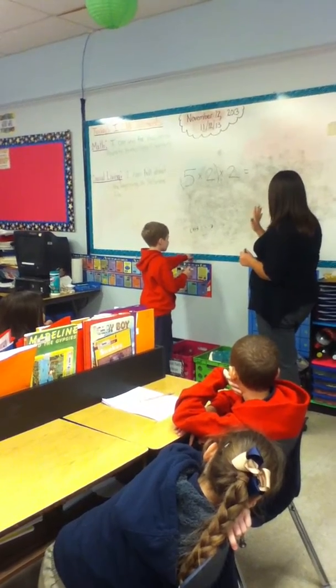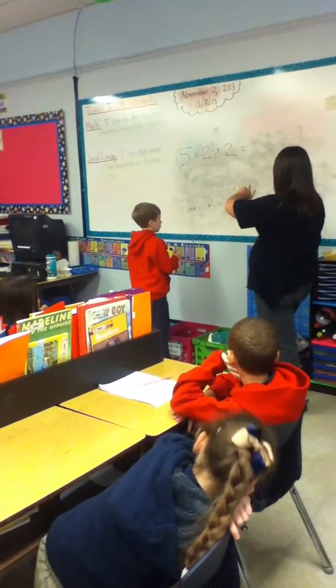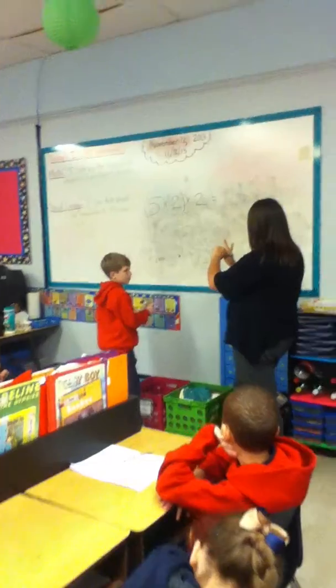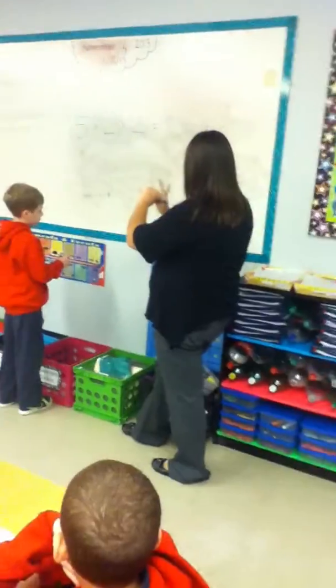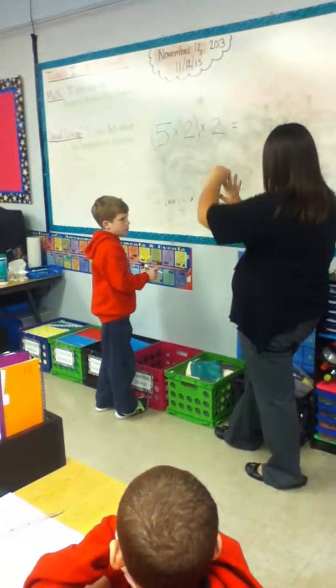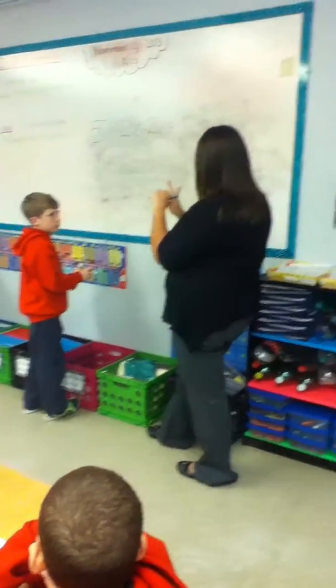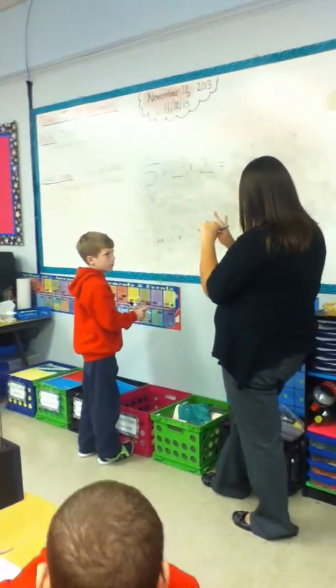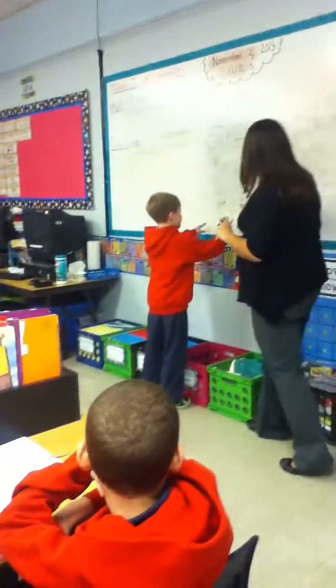You can look at your hand. It's okay. You said 3 for the first one, so what's your next number going to be? How many fingers do I have here? 2. So your next number is going to be 2.